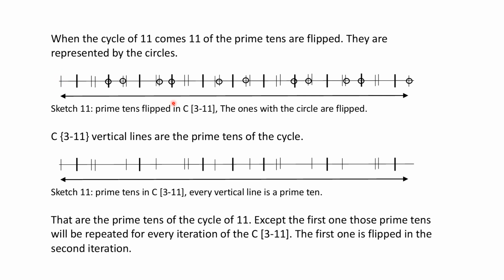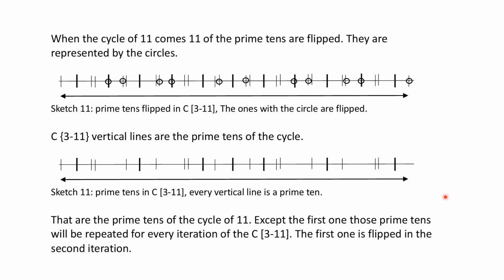This box is going to get flipped in each of the next iterations, in the second iteration, third, and so on. So if we take out the empty boxes that contain multiples of 11, because they don't stay empty boxes anymore, this is what we get.